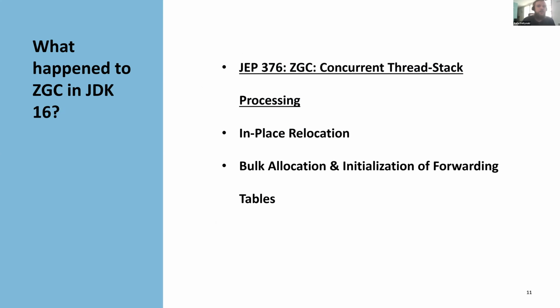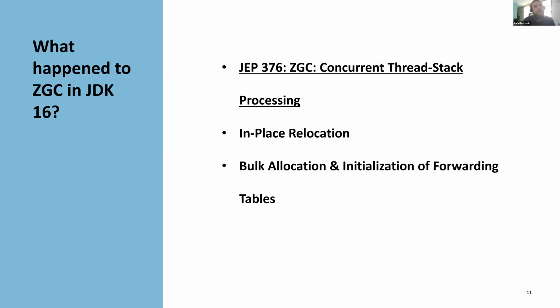First of all, JEP 376 introduced a feature called concurrent thread stack processing, which allowed stuff that was usually done in the stop the world phase to be executed concurrently. Also, bulk allocation and initialization of forwarding tables allows this phase to be a lot faster. And there were some improvements in in-place relocation.